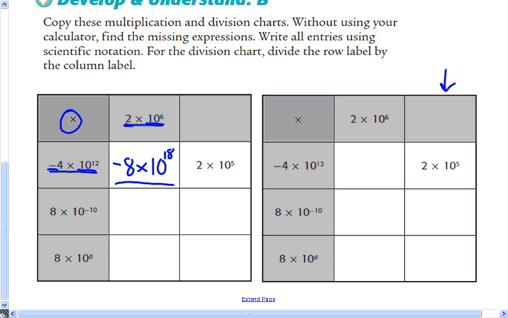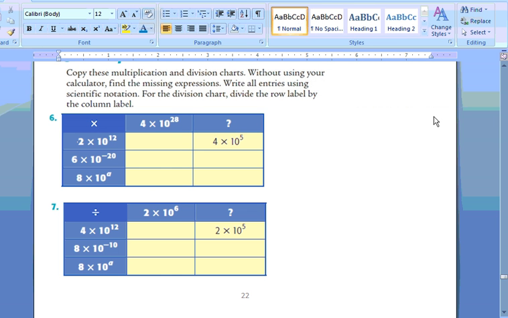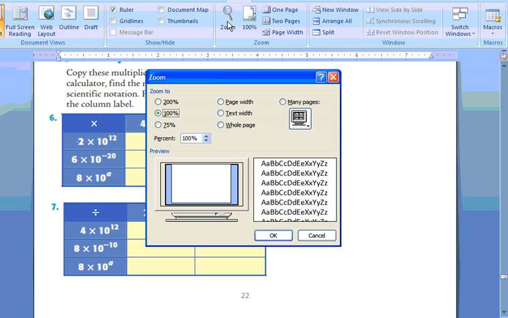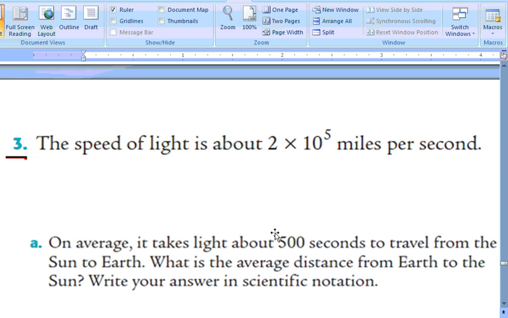This, I think this is supposed to be a division. Sorry about that, I had the wrong chart for it. All right, should work a little bit better.